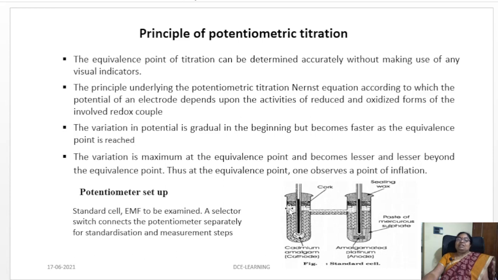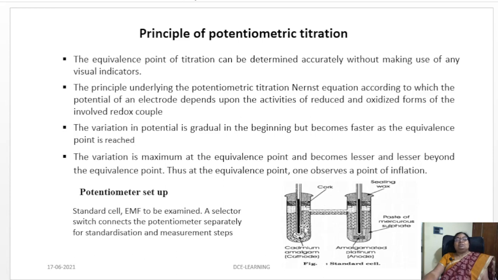Usually a Weston cadmium cell is used as a standard cell because it has some qualities: it is an easily reproducible, well-defined material, chemically and physically stable over a long period when it is out of use, and it is also a non-polarizable one.